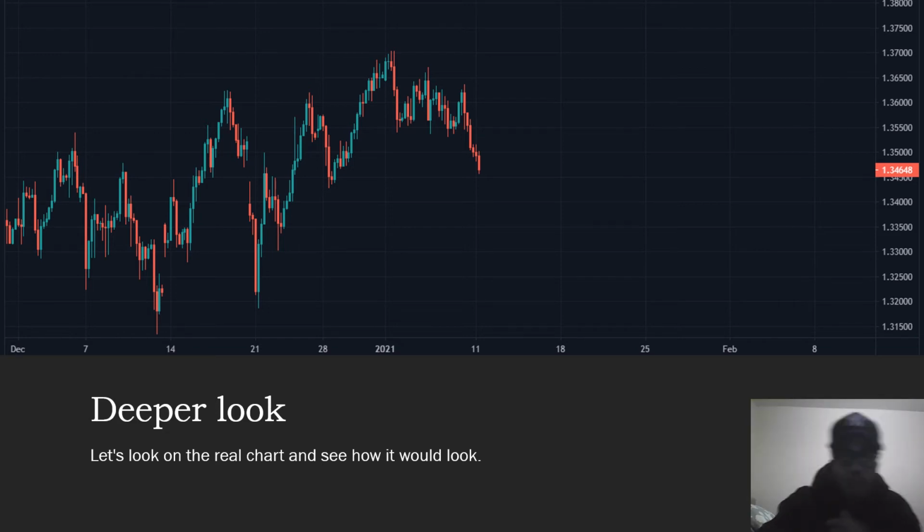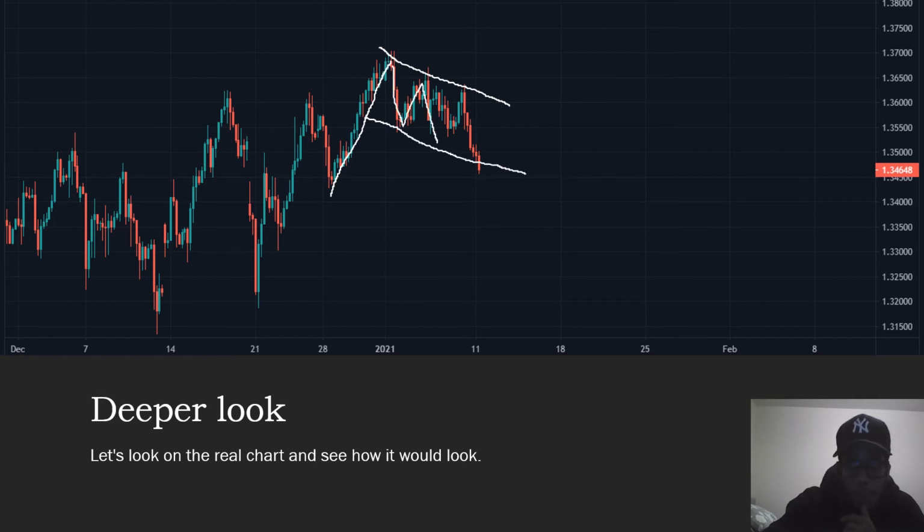Okay, so if you see, we have the up move, it's a level, then begins to consolidate inside of this zone here. Where we would then anticipate it to go back up to this top level, continue to break on its original direction.